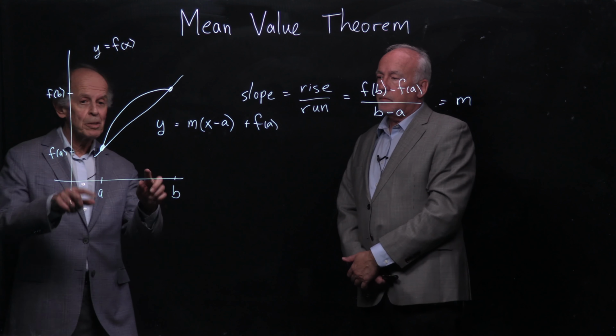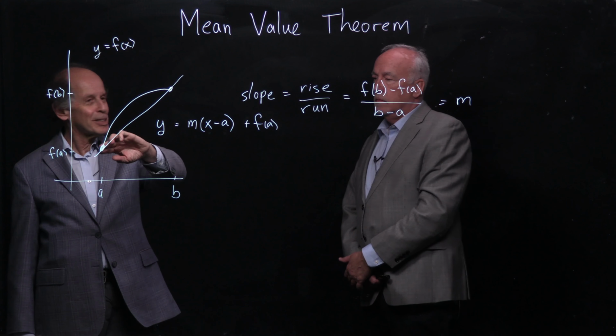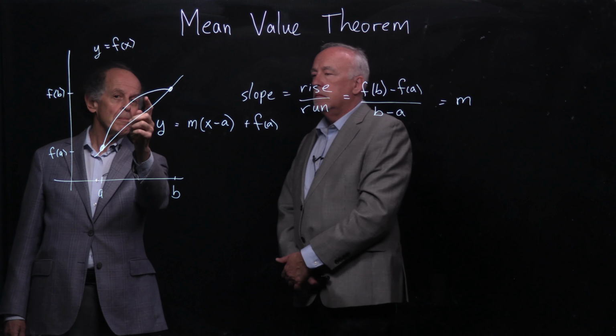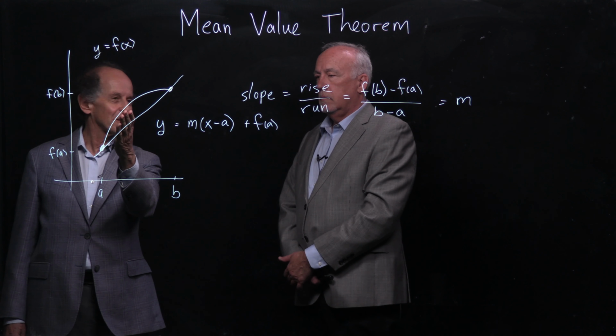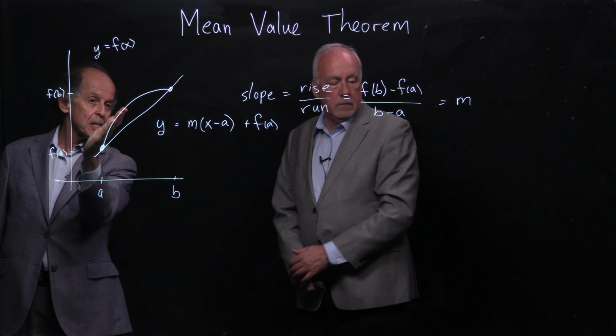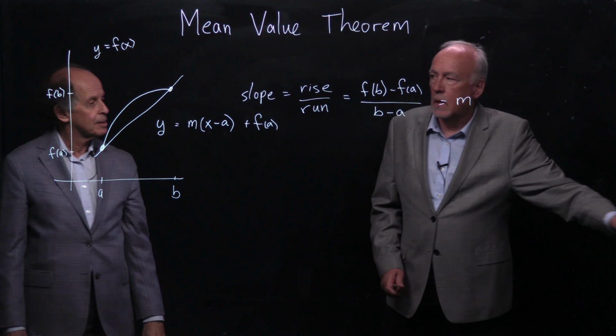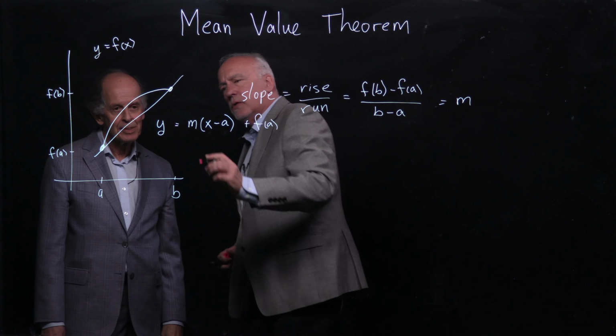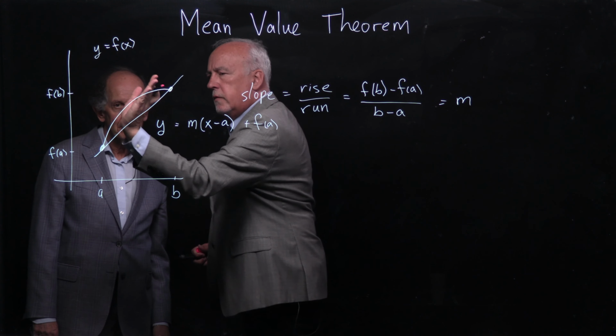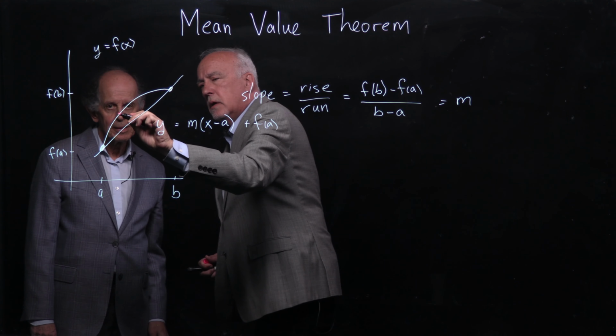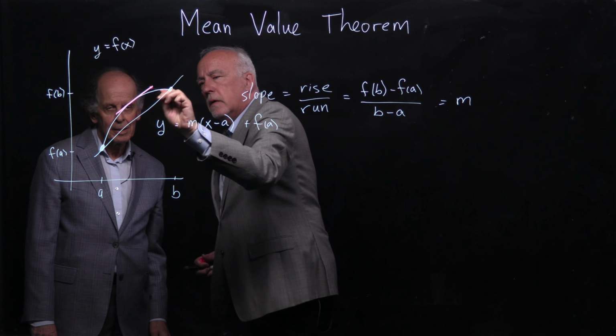Now, what we notice is if we start looking at the tangents here, there's going to be a place where the tangent to the curve has the same slope as the line. And you can sort of see if I took this line and moved it up until it's just barely touching, I get a line here.